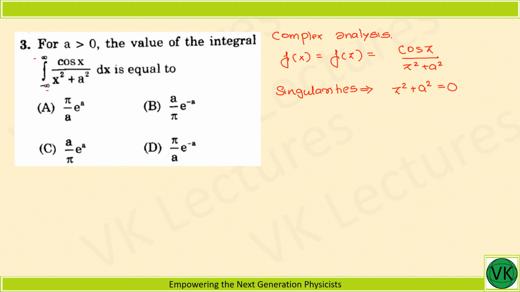Now when you set z square plus a square equal to 0, it simply means z square equal to minus a square and z is equal to plus or minus ia, the complex number. Alright, now since a is always greater than 0 as given in the question, we can take z is equal to plus ia. So this is our area of interest.